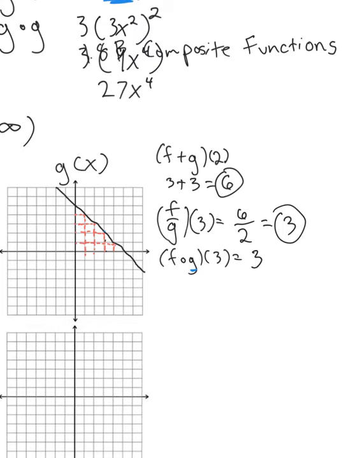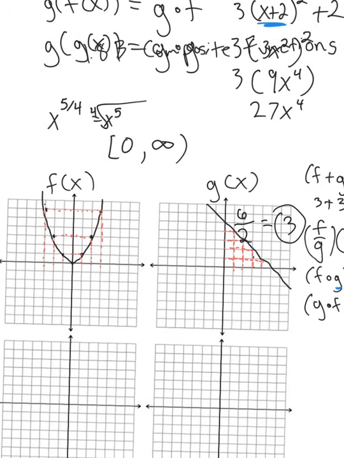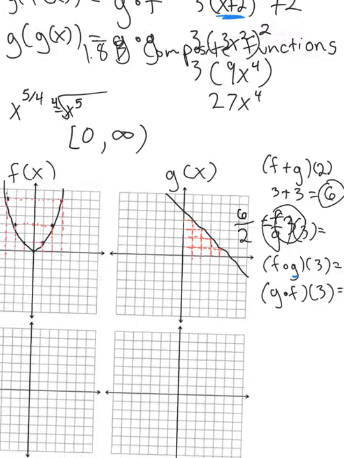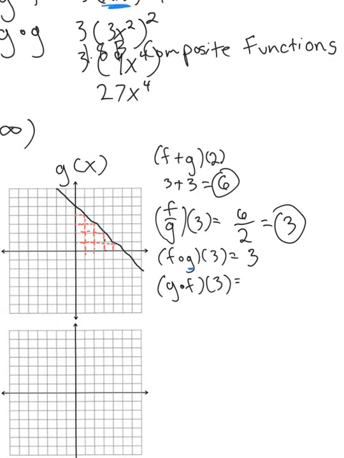So then let's do that backwards. What if we have g of f of 3? Well, now we have to start at f of x. f of x at 3 equals 1, 2, 3, 4, 5, 6. So this is 6.